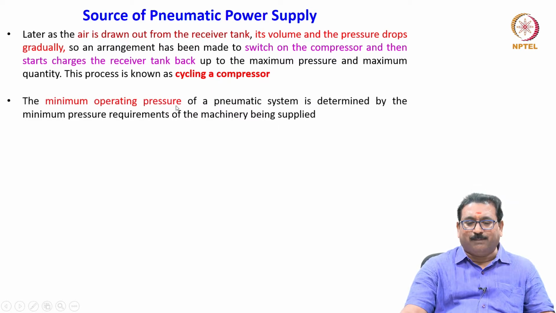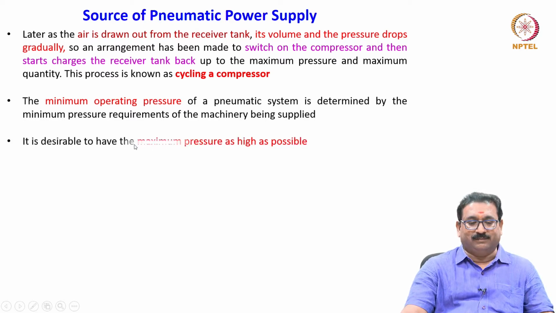The minimum operating pressure of the pneumatic system is determined by the minimum pressure requirement of the machinery being supplied. It is desirable to have a maximum pressure as high as possible.